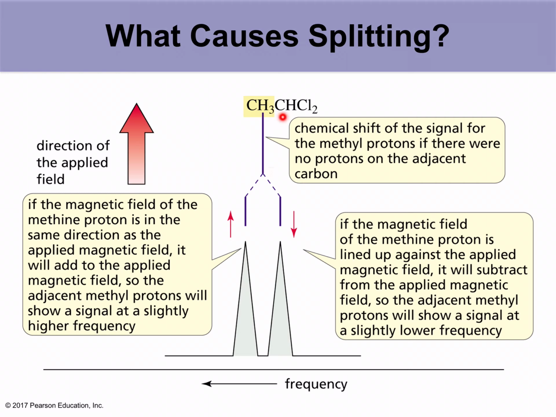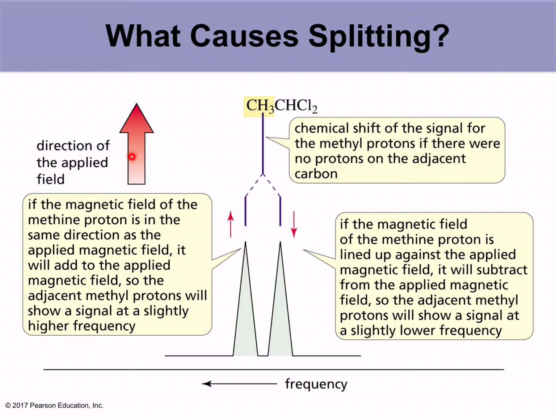But in this case, there is one hydrogen next to the methyl group. And because of that, these 3 hydrogens are going to split into a doublet, n plus 1, 1 plus 1, 2. So there are going to be two peaks like that, and this is the reason for having a doublet.